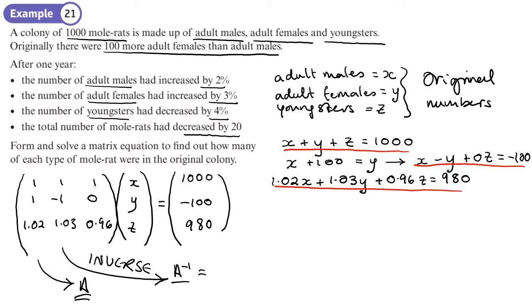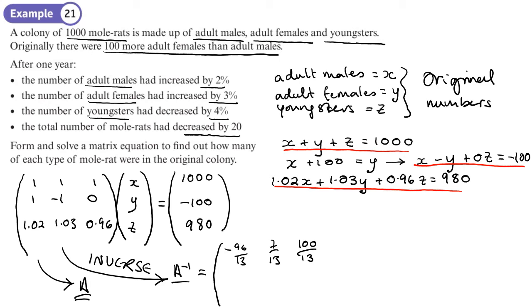Okay, and this is one of these ones where we don't get nice numbers, so we just go over each bit and write down what the numbers are, the fractions. So the first one is negative 96 over 13. Moving across, 7 over 13. 100 over 13.